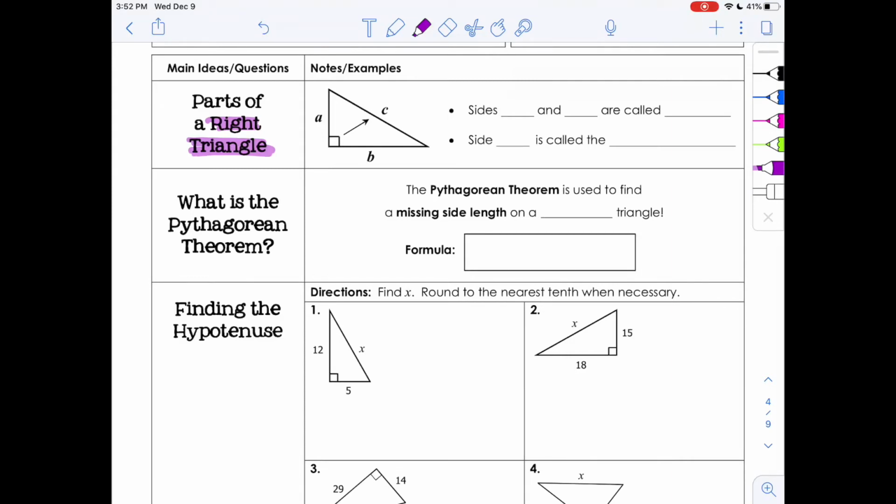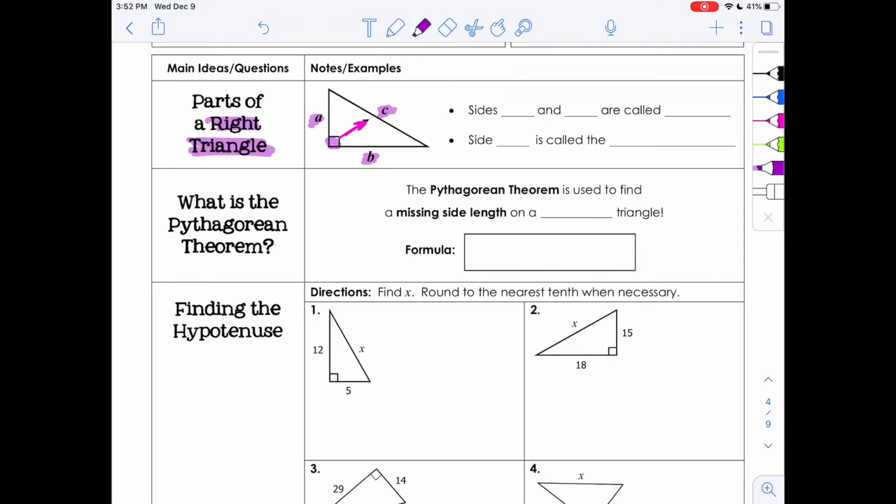Now when you have a right triangle, remember it's denoted with a right angle, either with the square or labeled 90 degrees, and you have sides A, B, and C. So your side directly across from that 90 degree angle is always going to be side C. Then your other 2 sides are A and B. And A and B can be switched back and forth.